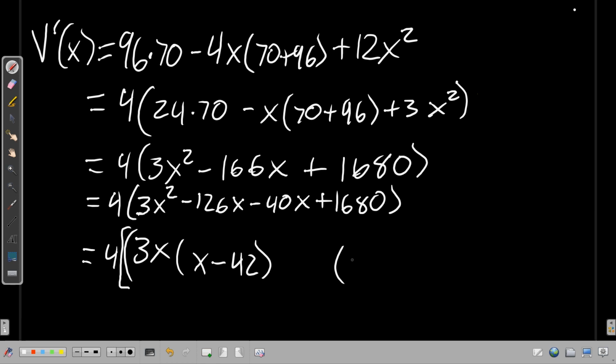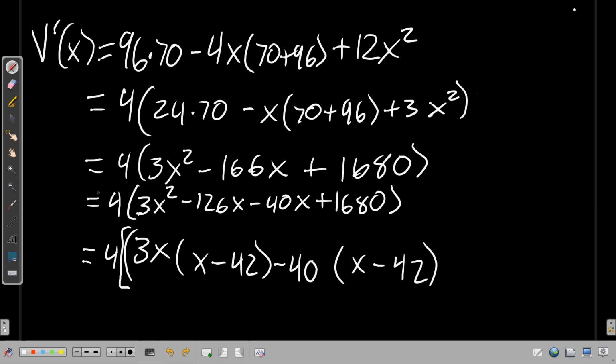And then I'm guaranteed to also have an x minus 42 over here. In fact, that can guide me as to what must factor out of these. It looks to me like a minus 40 is going to have to factor out. Well, is it true that minus 40 times minus 42 is 1680? Sure enough, it is.